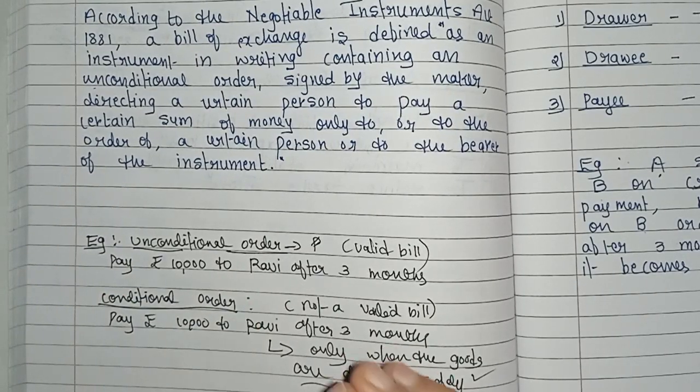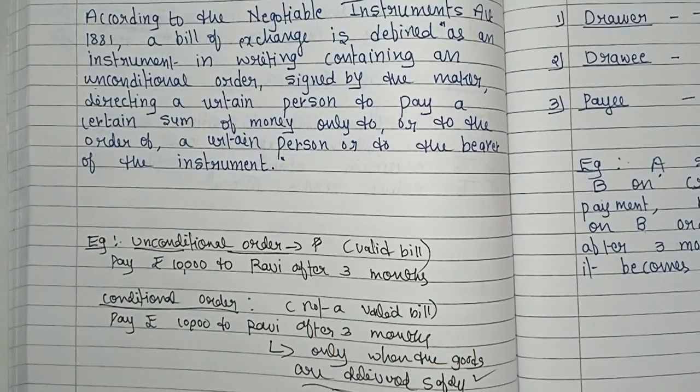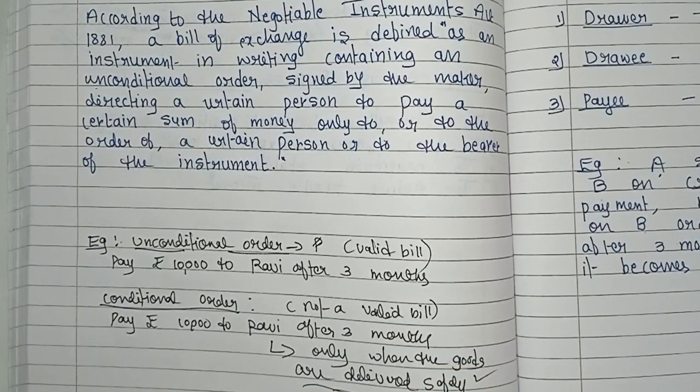It gives the assurance that the business is going to receive the payment at a later date. It is a legal promise to pay the amount.